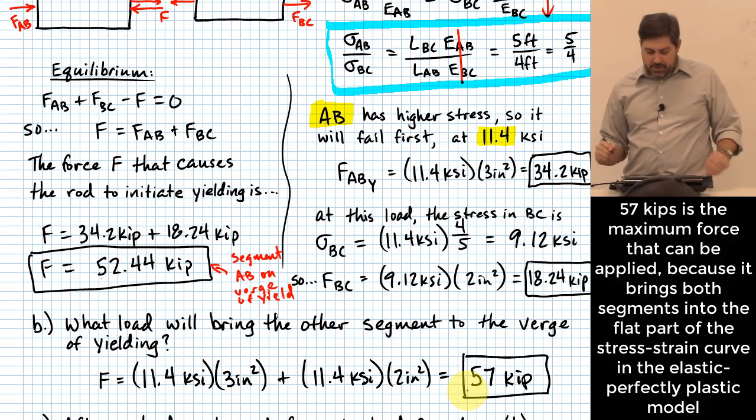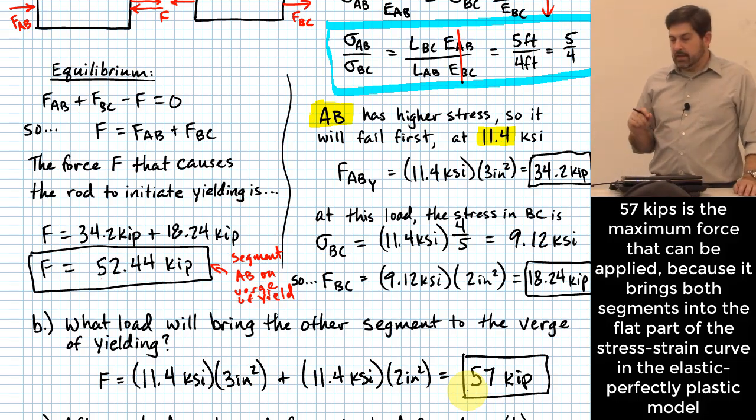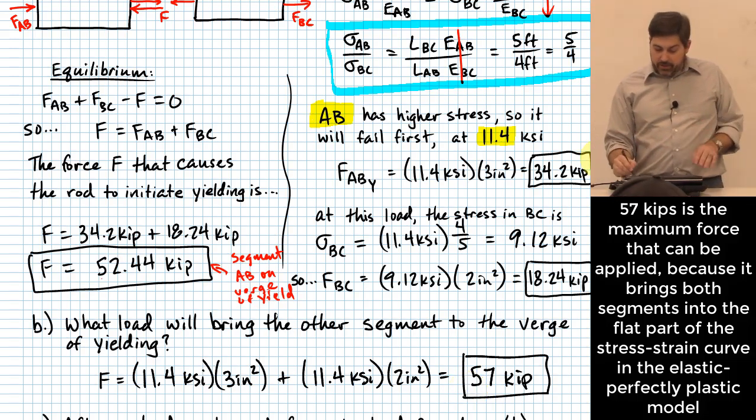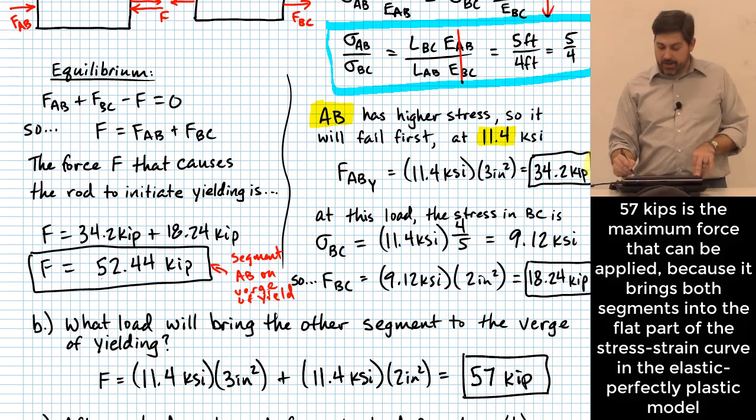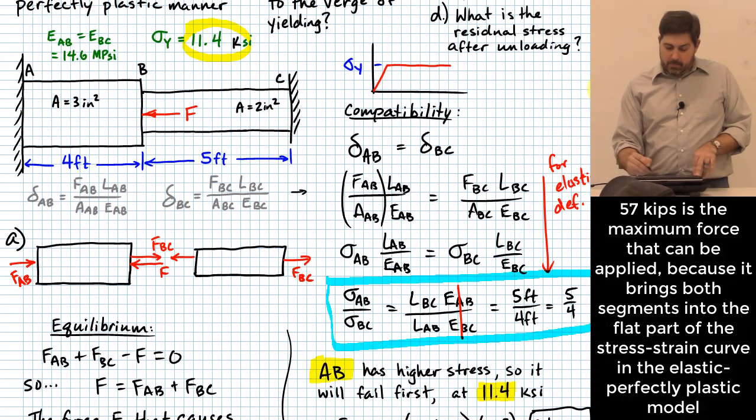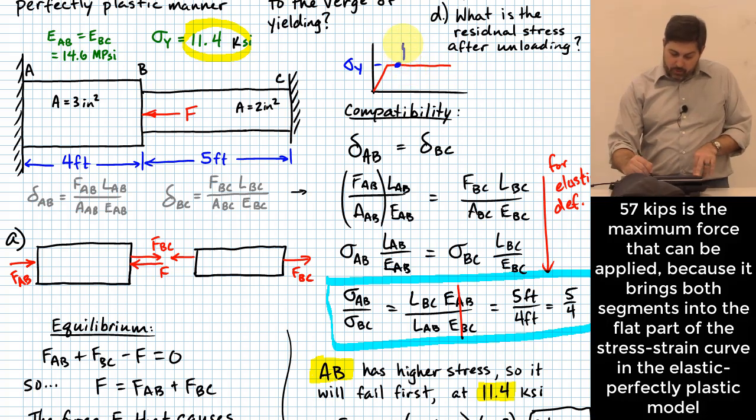And this is an interesting result, partly because this rod literally can't carry any more than this. What will happen if I try to put more stress than this in the rod? Yeah, both pieces are going to wind up with their loads up in this flat part of this curve, which means there is no more force. So you have to go higher on the vertical axis to get more force.